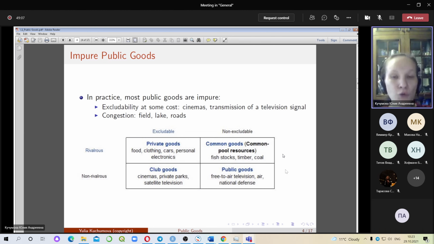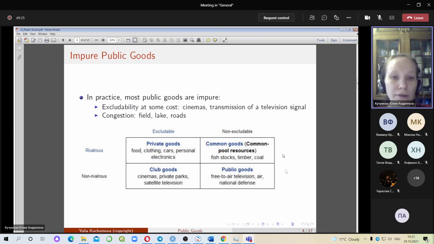But if there are too many cars on the road at the same time, then we will have congestion, we will have a traffic jam and stuff like that.